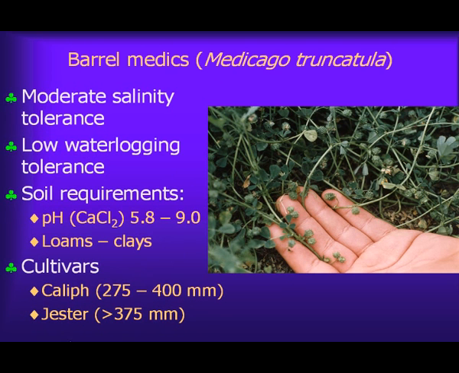The barrel medics have also got moderate salinity tolerance, but not quite as good as the burr medics. They also don't tolerate waterlogged situations. They prefer heavier soils of higher pH than the burr medics. And of the aphid-resistant cultivars, Caliph is suited to lower rainfall areas, and Jester for slightly higher rainfall areas.